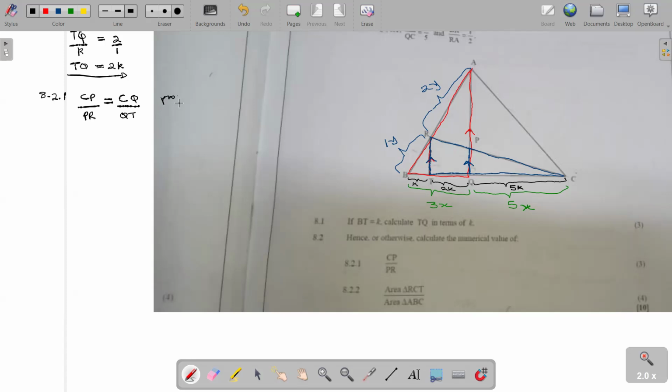It's proportionality theorem. Which sides are parallel? AQ is parallel to RT.